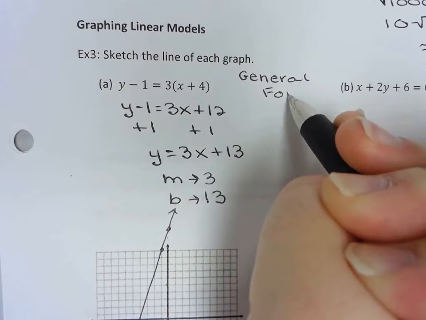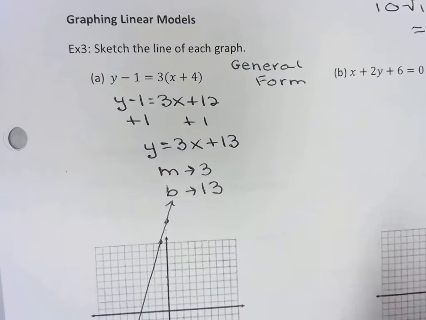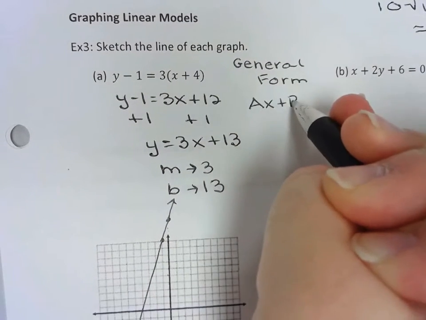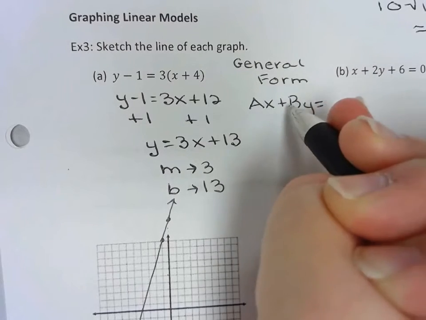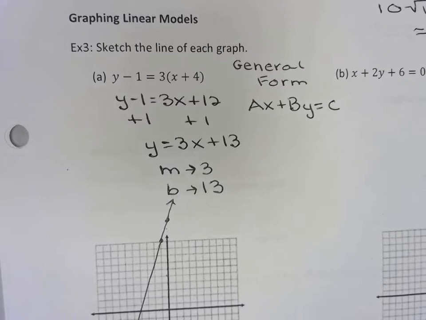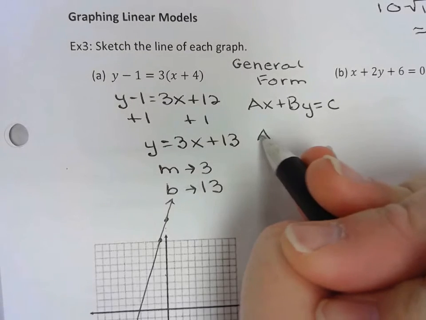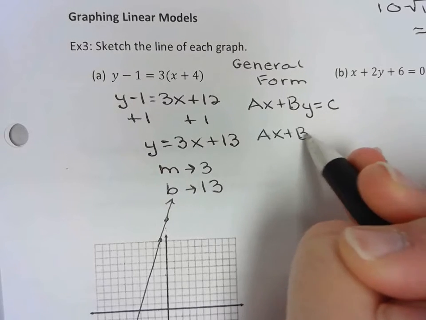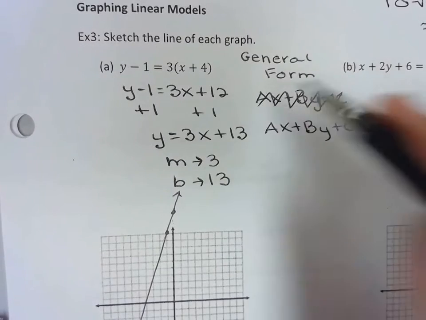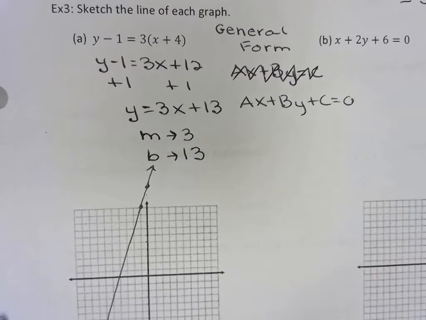When it asks for the general form, you might have seen it as standard form. That's how algebra, I think, puts it: ax plus by equals c. Actually, no, general form looks like ax plus by plus c equals 0. That's general form. Sorry, wrong one. I looked at it too quickly.